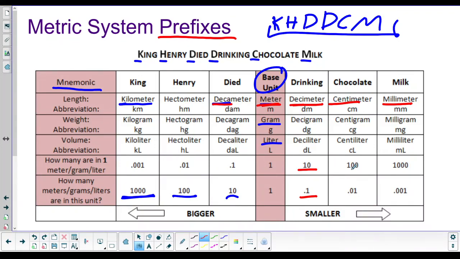Centi means you're cutting it up into 100 pieces. So in 1 meter, there are 100 centimeters. This is one that most people use instead of inches in civilized countries. And then milli is 1,000ths. So in a meter, there are 1,000 millimeters.